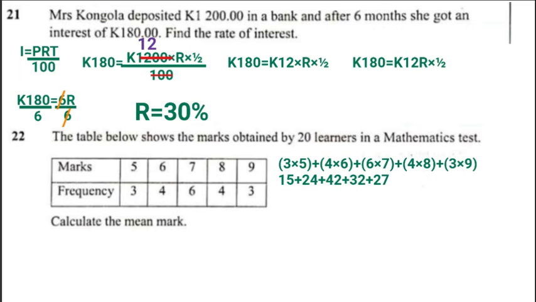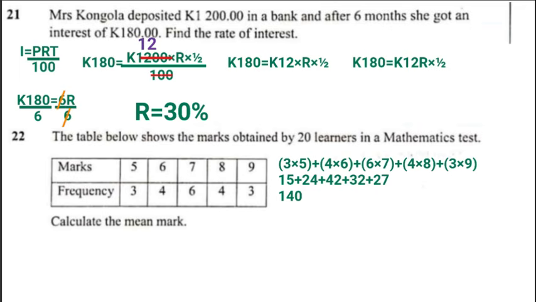Okay, then I'm going to add that: 15 plus 24, 39, 39 plus 42, 81, 81 plus 32, 113, 113 plus 27, 140. So the total marks were 140. To find the mean, we need to find the average.